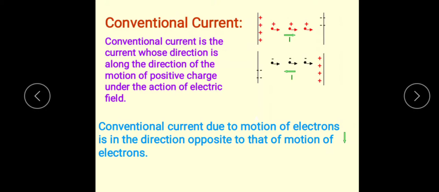Earlier they were using conventional current, but nowadays, after the theory of the electron, electron current has been developed. The change from conventional current to electron current caused a degree of confusion for older and new students, with some errors.